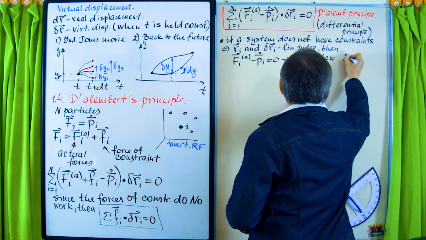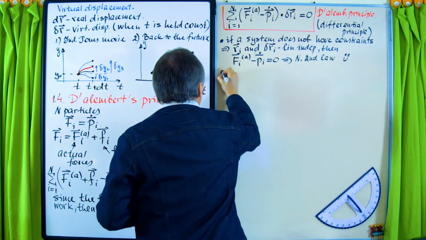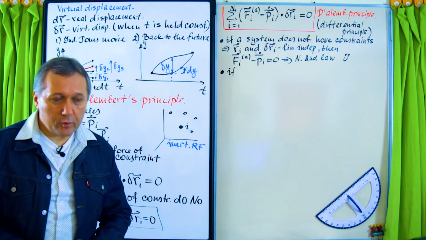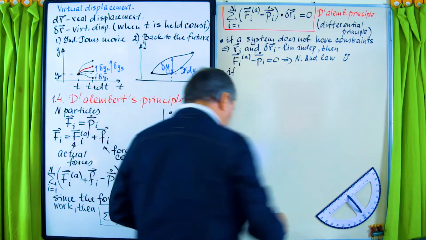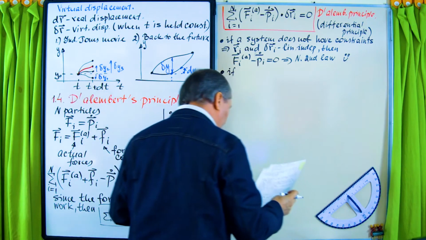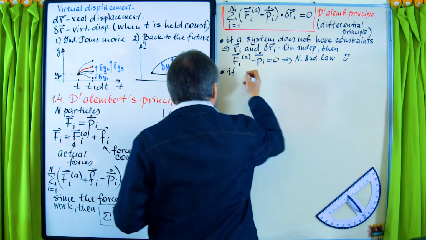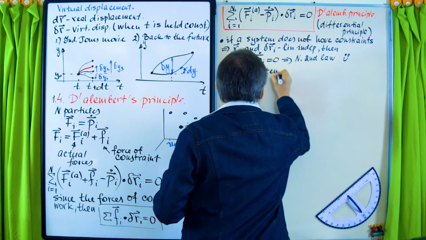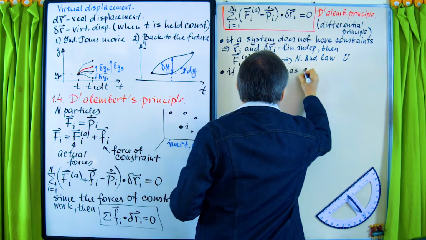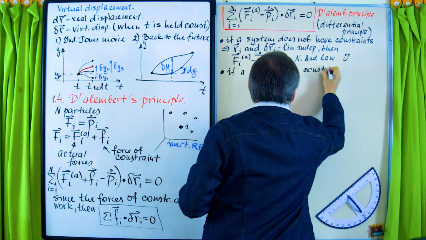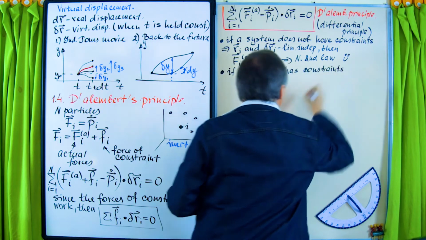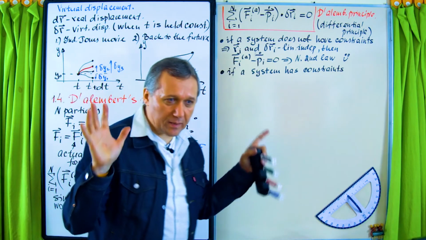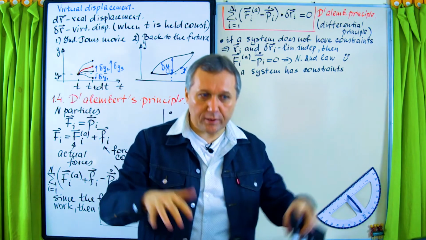Okay, awesome. Now, what if a system has constraints? And now we're running into a problem, of course. So if there are constraints, immediately the number of degrees of freedom is going down.